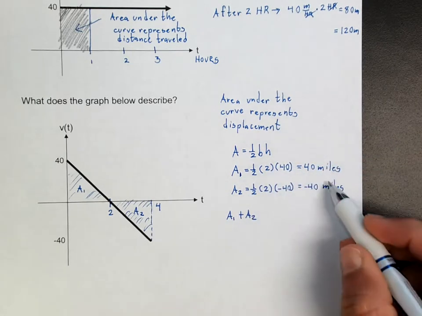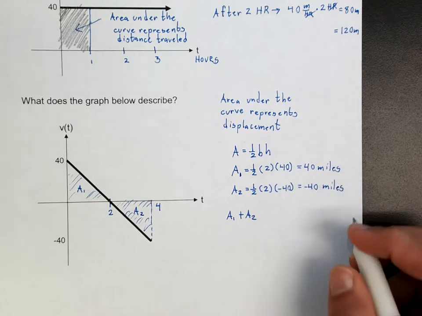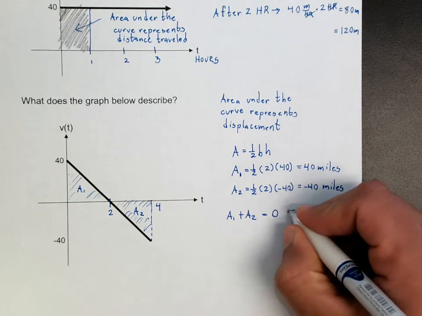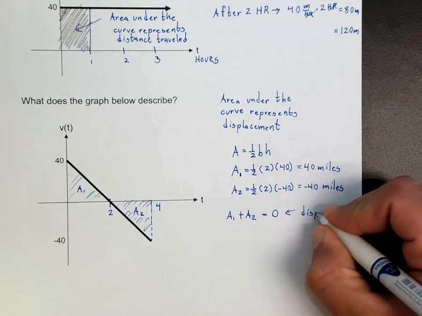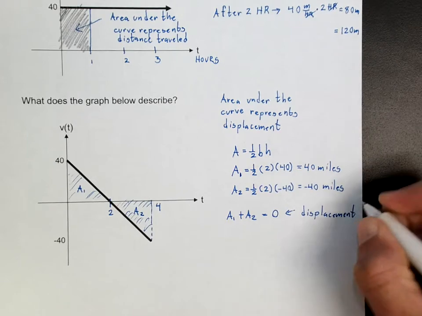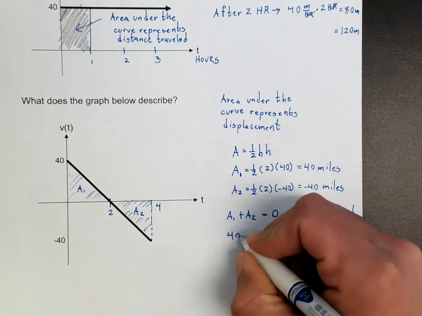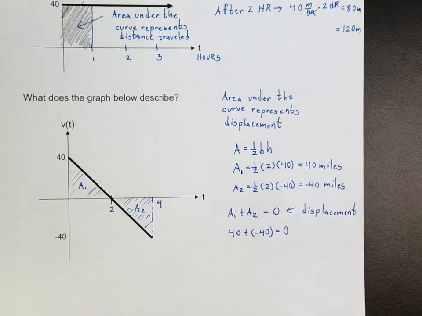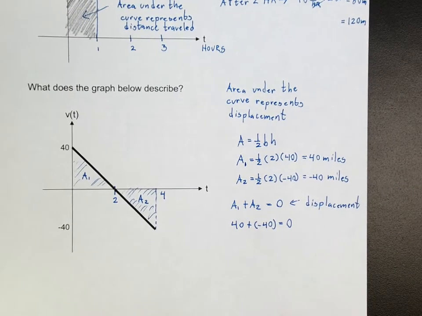In this case, notice that they're the same number but opposite signs. So the displacement, again, that's going to represent displacement, is going to be 0. All right, so total displacement would be 0.